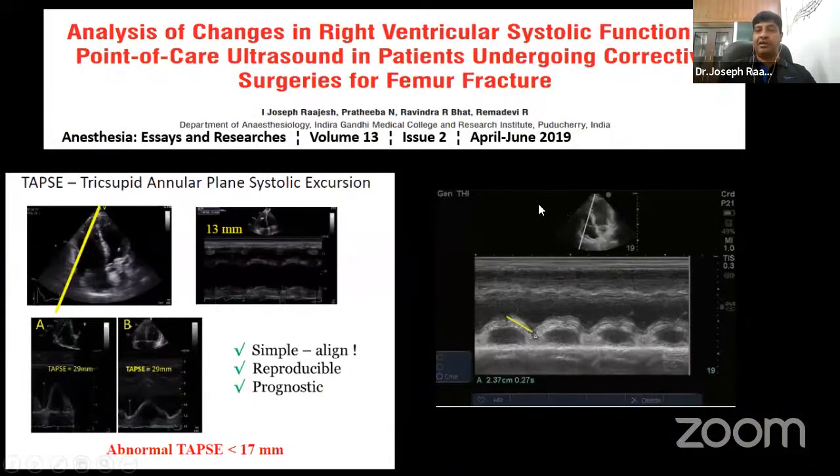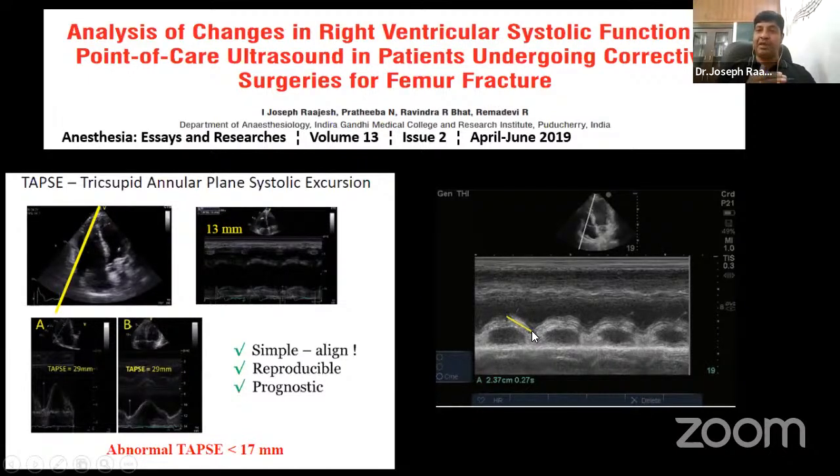To start with TAPSE, the tricuspid annular plane systolic excursion, even though the name is a little complicated, performing it is very simple. You get a good four-chamber view, then employ the M mode, which has to pass through the annulus of the tricuspid. You get a pattern like this, and with the caliper you measure between the highest point and the lowest point.